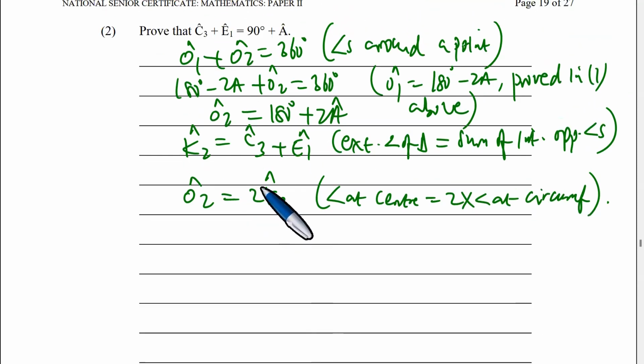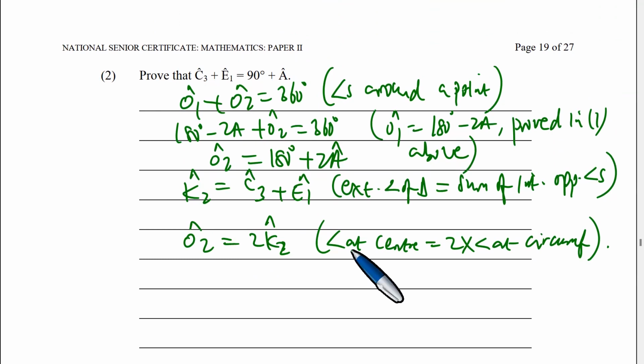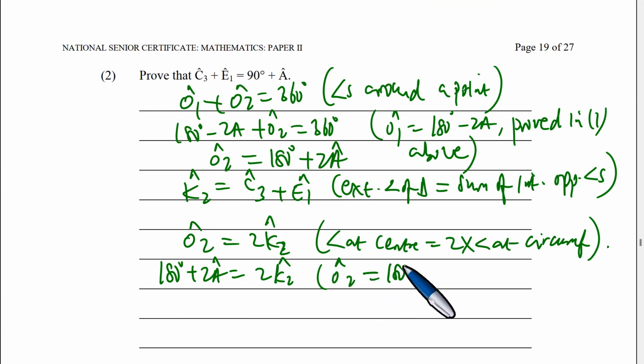So O2 is equal to what here? O2 is 180 degrees plus 2A, and this is 2K2. This is true because the angle O2 is equal to 180 degrees plus 2A.